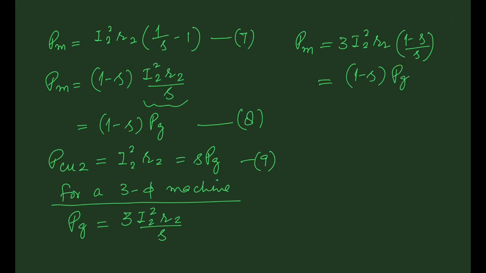Now, when we write Pg for a three-phase machine as 3 times I2 square R2 by S, the mechanical power in terms of Pg is still given by the same expression, 1 minus S times Pg. And in a similar way, the total rotor copper loss will be equal to 3 times I2 square R2, which will be equal to S times Pg.